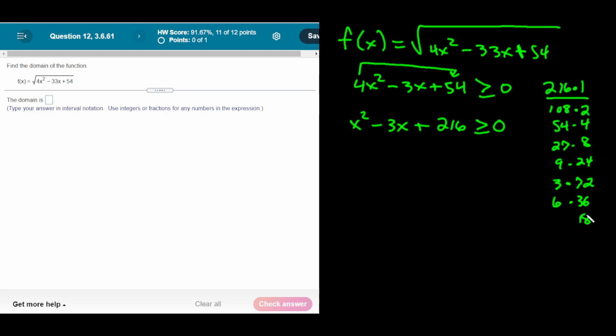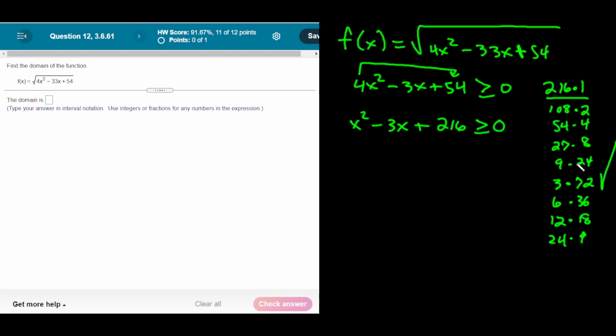Divide by 2, multiply by 2. Let me stop bragging. Divide by 2, multiply by 2. Divide by 3. Now, if you divide by 3, wouldn't you get a 9 again? If you divide this 9 by 3, wouldn't you get a 3 again? Those are all the factors of 216.